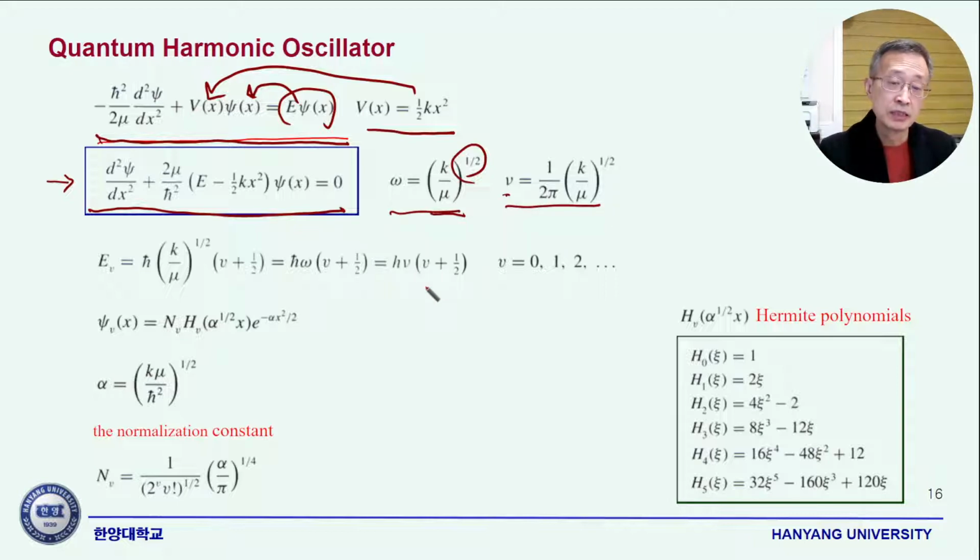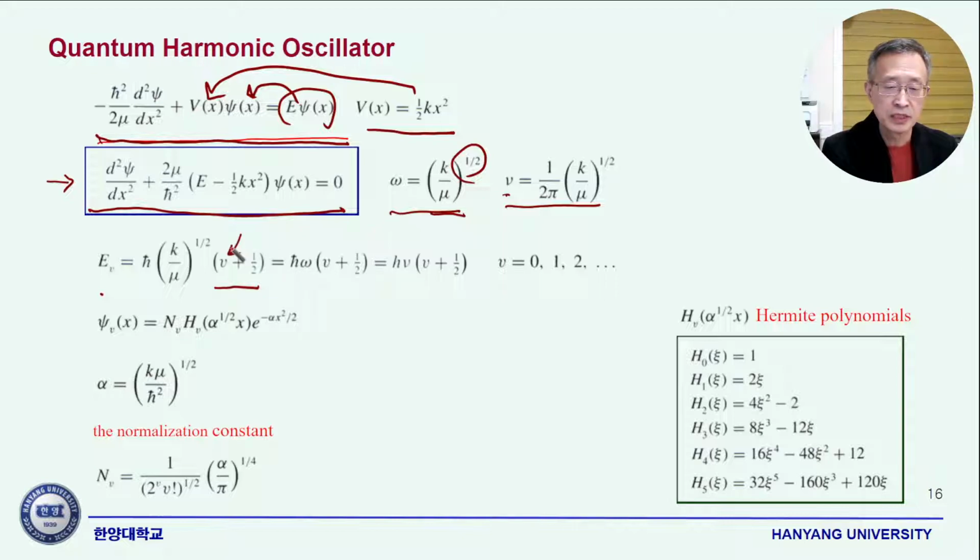Then we solve this equation as a Hermite differential equation, and we obtain the energy of the oscillator, h bar times the square root of k over mu, times v plus half.